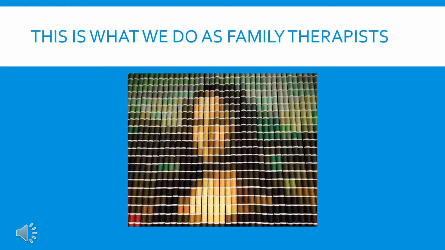I'm sharing this picture and this slide with you because I think what we do as family therapists is similar to this whole concept. We want to recognize the patterns. We want to see the familiar patterns, what's going on in a system, and bring them up in a session and share them with our clients.